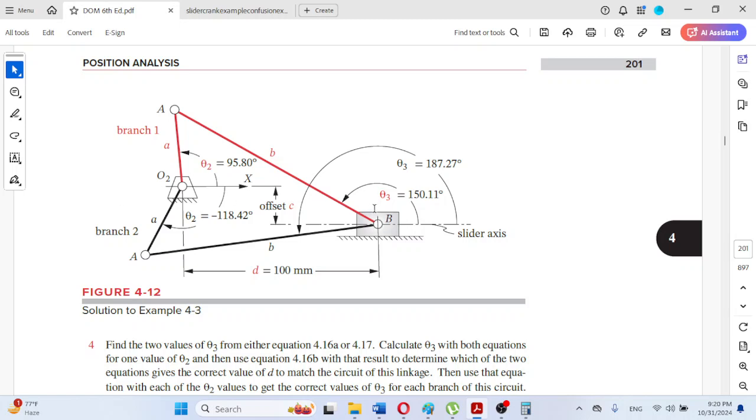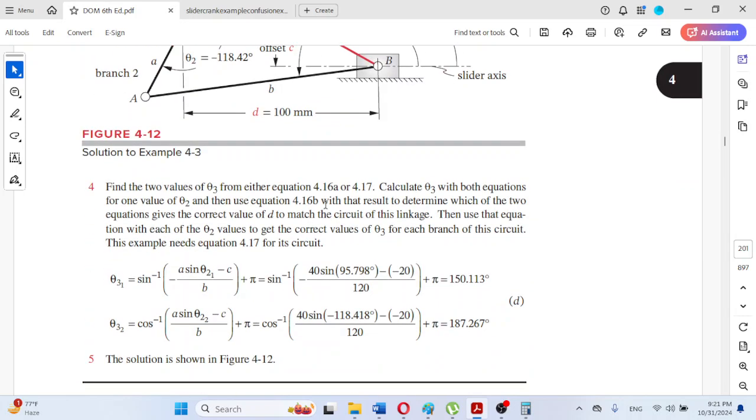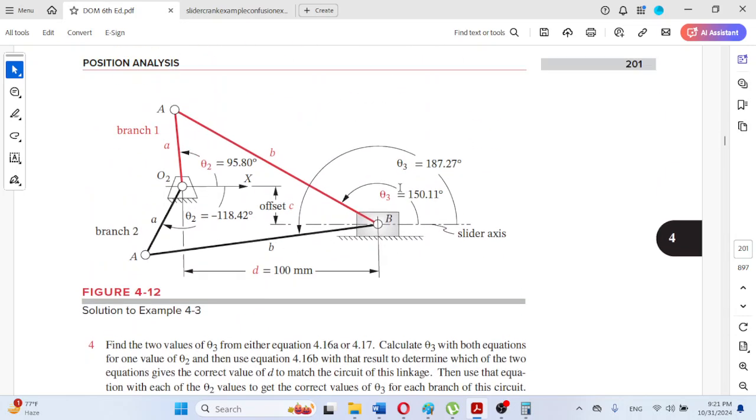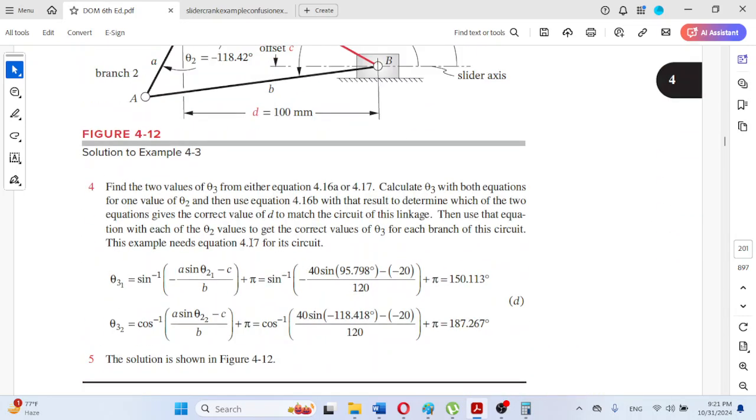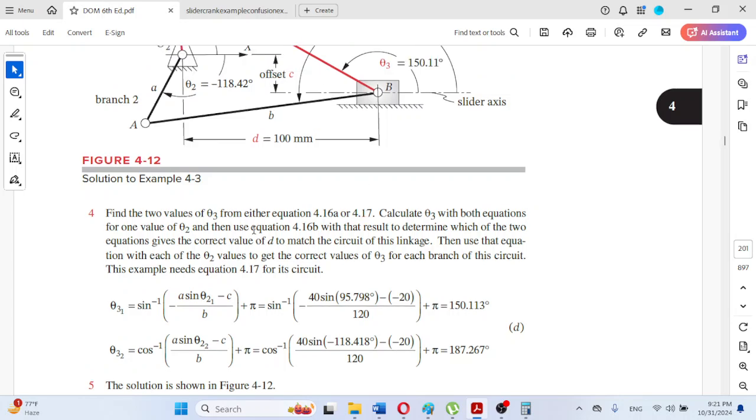When the slider is located on the left side of the ground pivot O2, the angle or position of the connecting rod will also change. So the author wants us to locate the correct orientations and positions of the connecting rod. That is why he states that we should find the theta 3 values from equations 4.16a and 4.17.